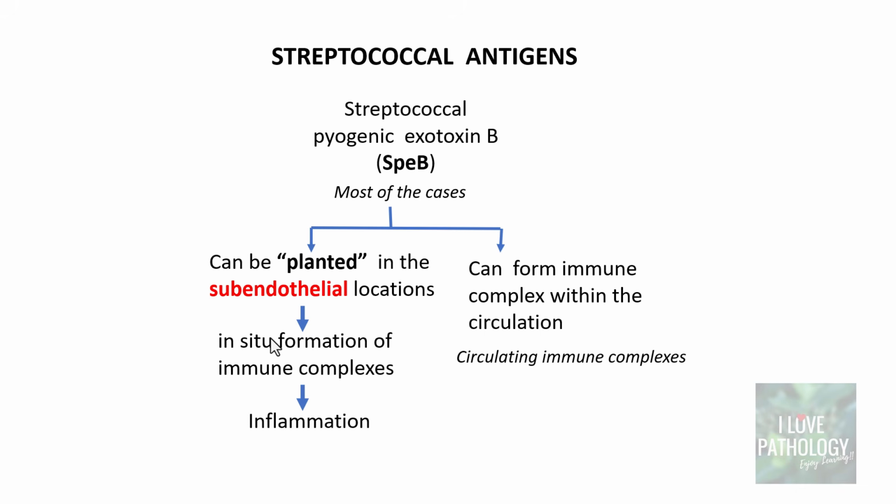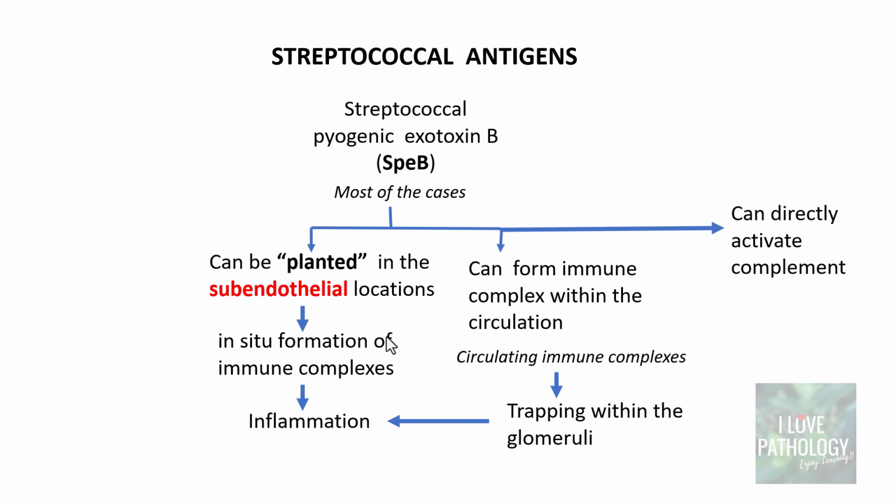These are circulating immune complexes, as we saw in the pathogenesis of glomerulonephritis. These circulating immune complexes can finally be trapped within the glomeruli, and these trapped complexes result in inflammation. So remember, the immune complexes can be formed in situ or the circulating complexes can be trapped in the glomeruli, ultimately leading to inflammation.